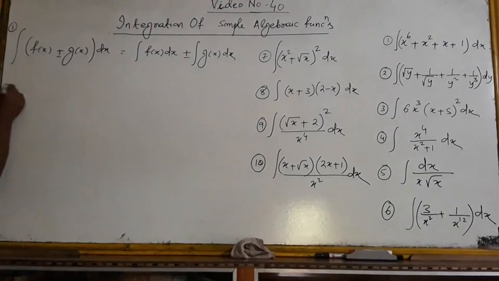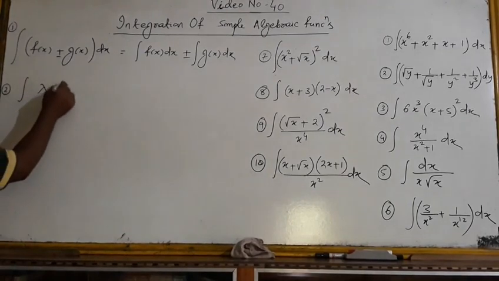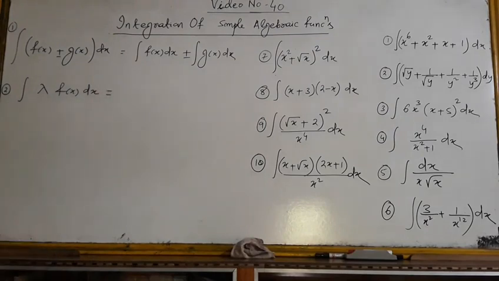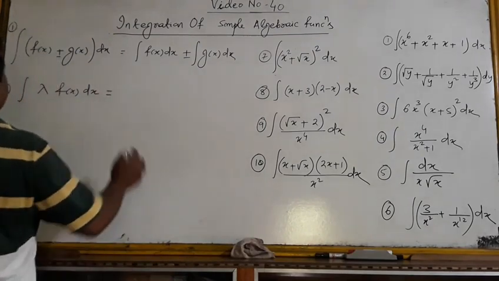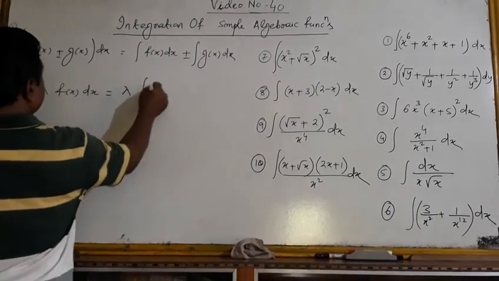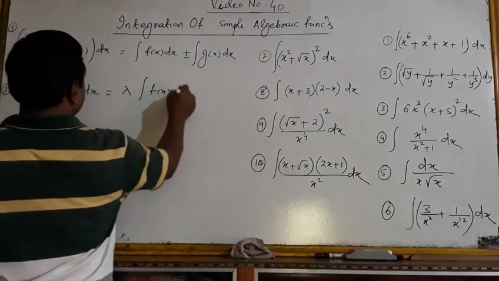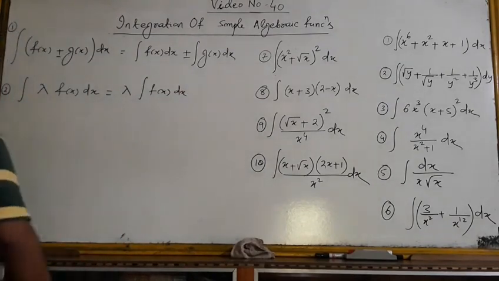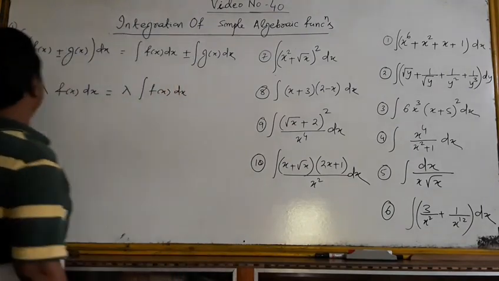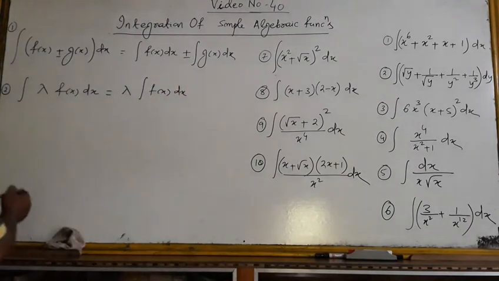Another very simple formula, so I am not writing in previous theory class. In my previous talks, I did not tell this. If lambda is constant only, then you will take it outside, integration of f(x) dx, just like the derivative formulas.